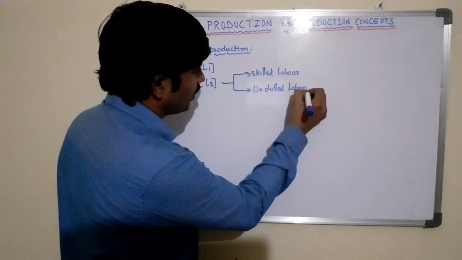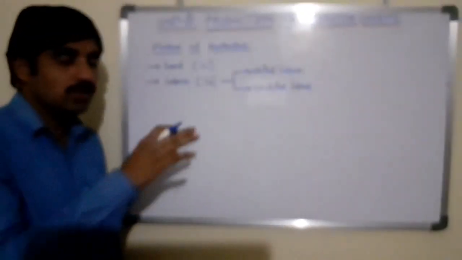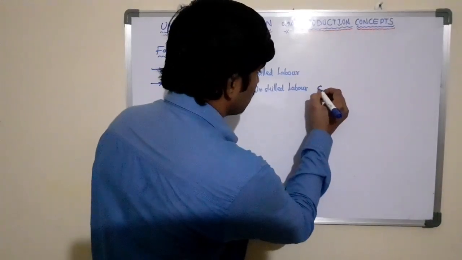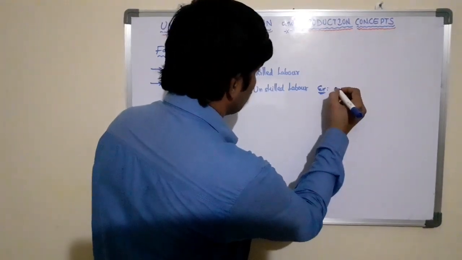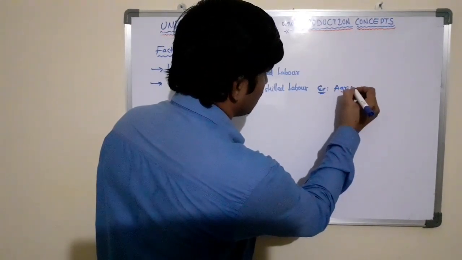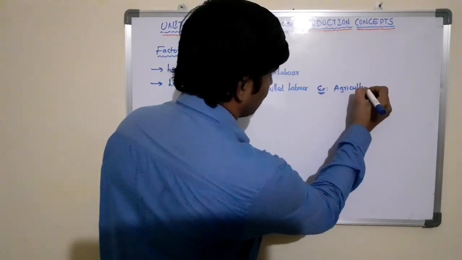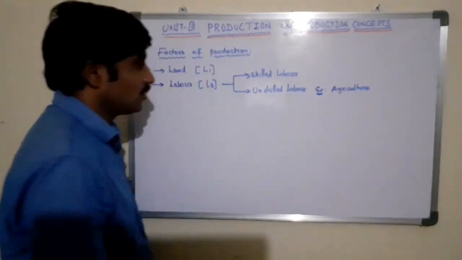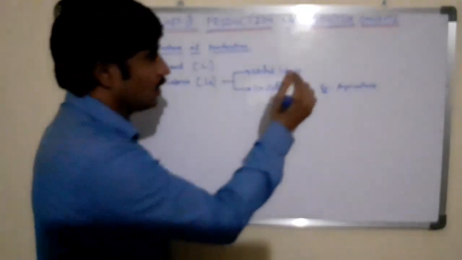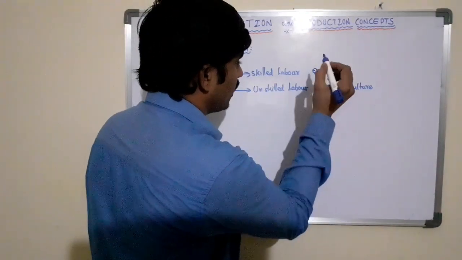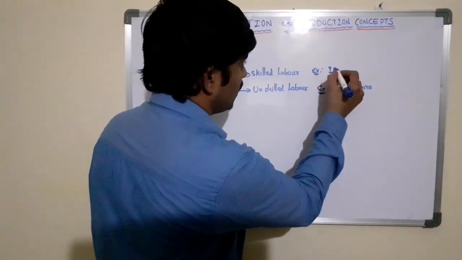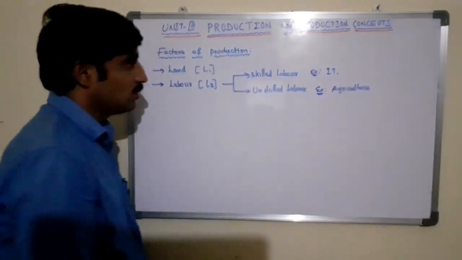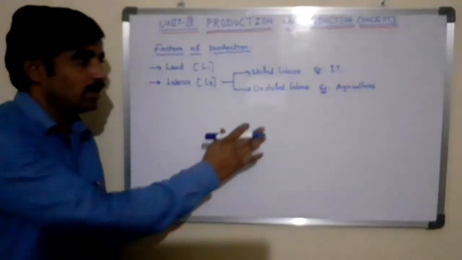Based on the requirement, we may engage either of these to produce the product. Unskilled labor is most probably used in the agriculture sector. Skilled labor is used in sectors other than agriculture, like the IT sector, more than unskilled.